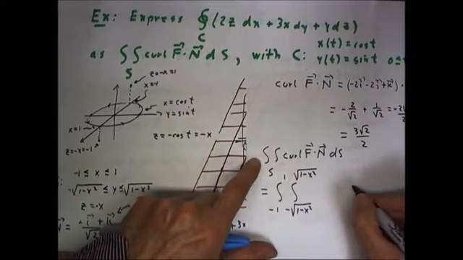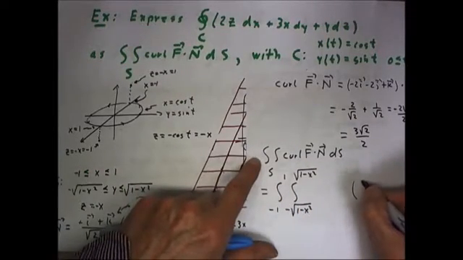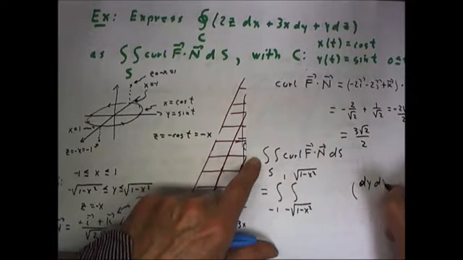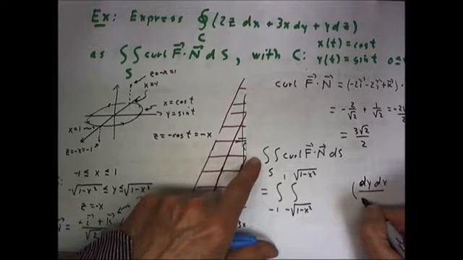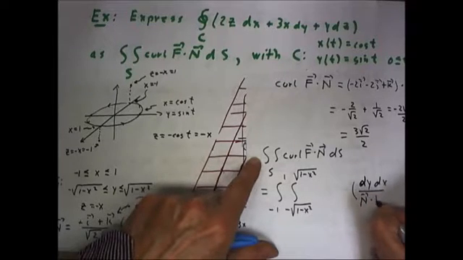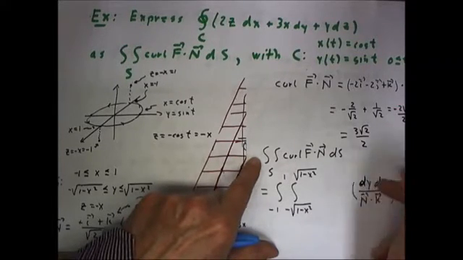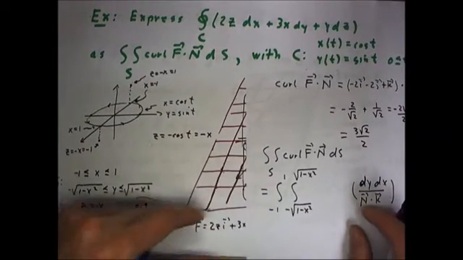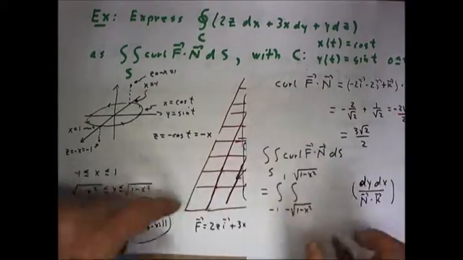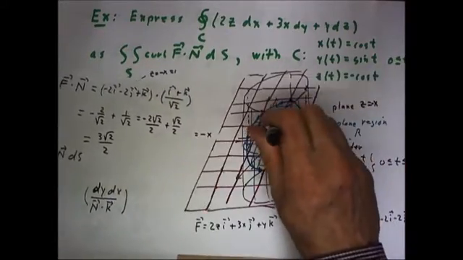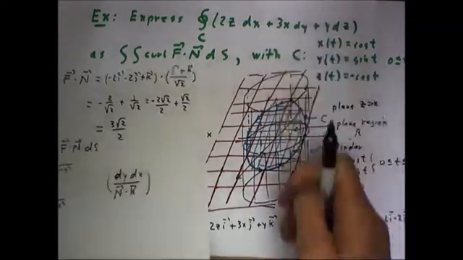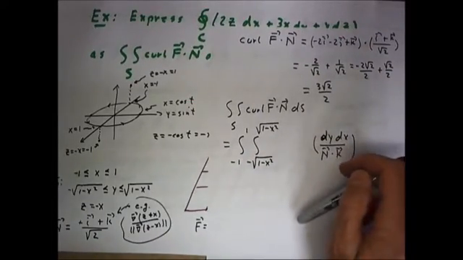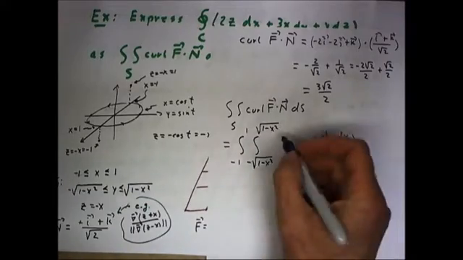Remember that dS is dy dx over n dot k, our area increment from the plane divided by the cosine of the angle between the surface and the k vector. And that's going to be just square root of 2 over 2. We'll calculate that in just a second.